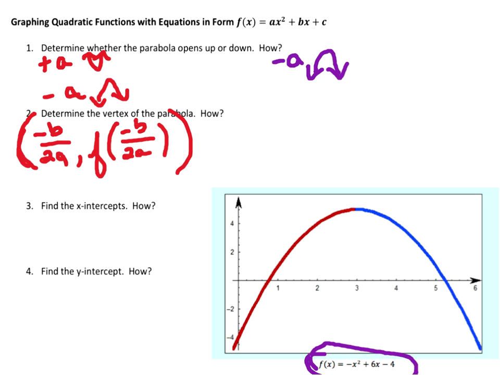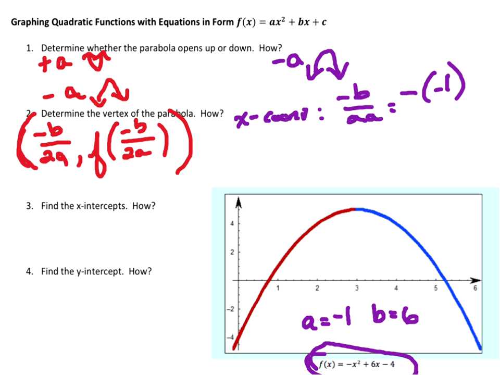So in this particular case, my A is negative 1, and my B is 6. So the x-coordinate of my vertex is negative b over 2a, so negative 1, negative b, my bad.